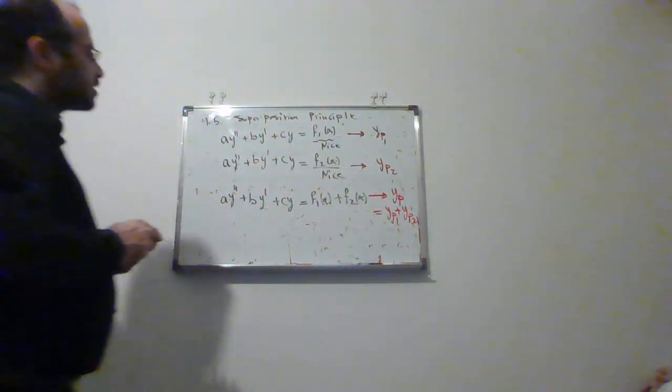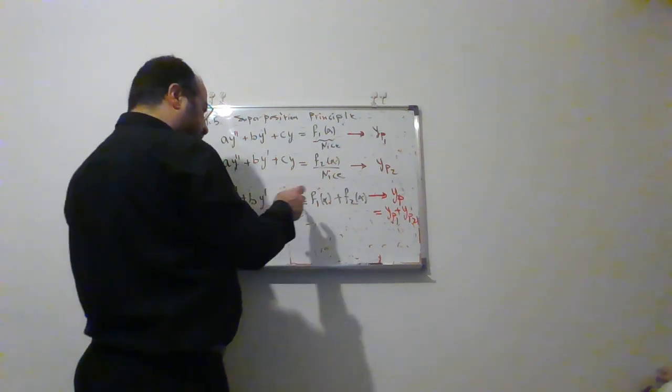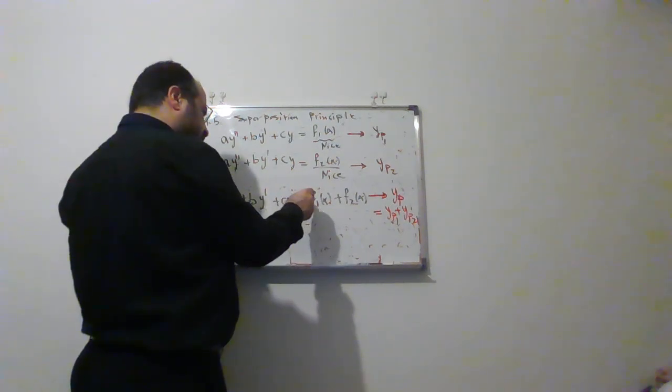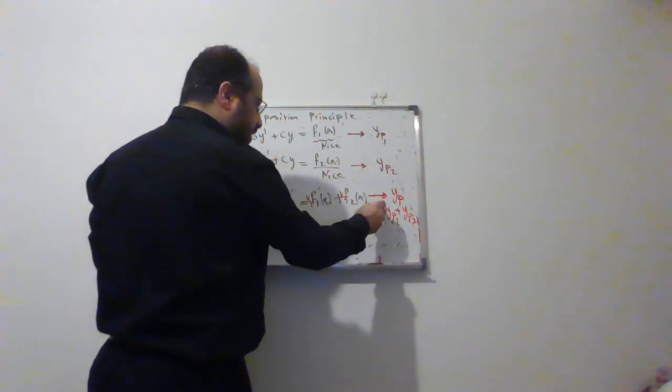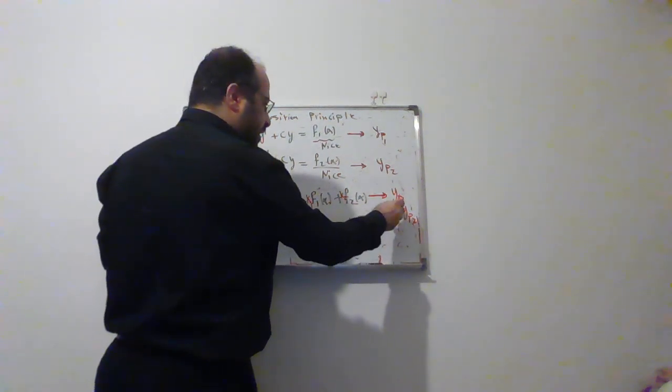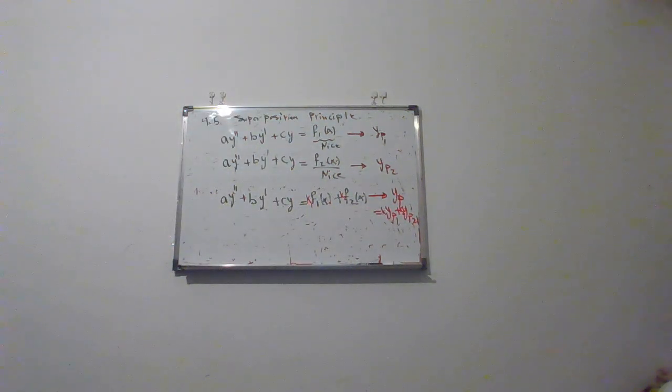Yeah, this is the superposition principle. Even if you multiply with constants, k1 here and k2 there, it is like k1 and k2. So this is a very easy thing. I'm going to show you an example.